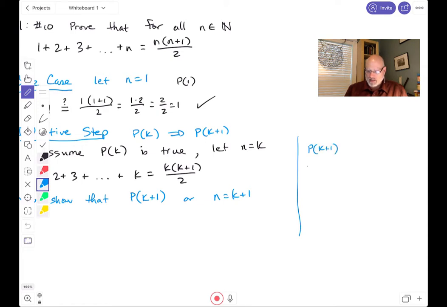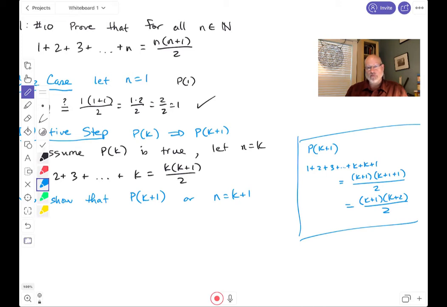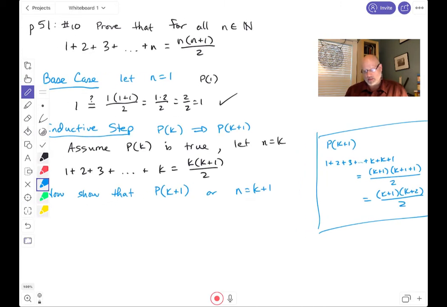Well, on the left-hand side, that would be 1 plus 2 plus 3, ... k plus 1 equals, and on the right-hand side, we'd replace n with k plus 1, so k plus 1 times k plus 2 over 2. Okay, so this is helpful to keep in mind. That's what we're trying to aim for, but we can't start with that one. We have to get there.